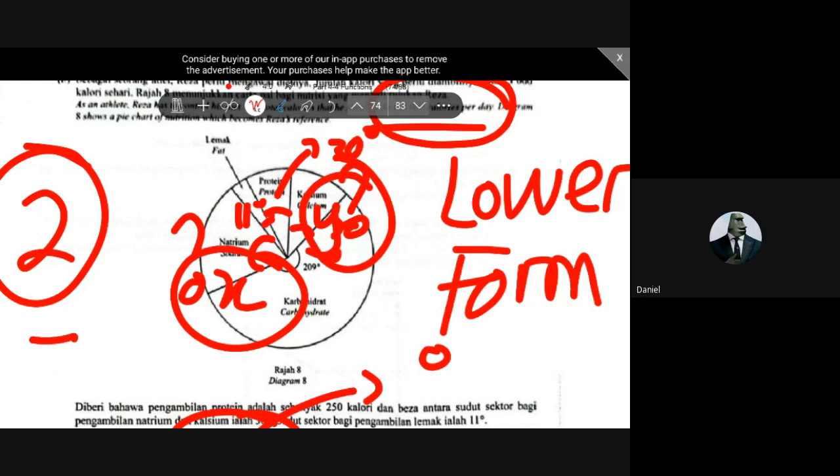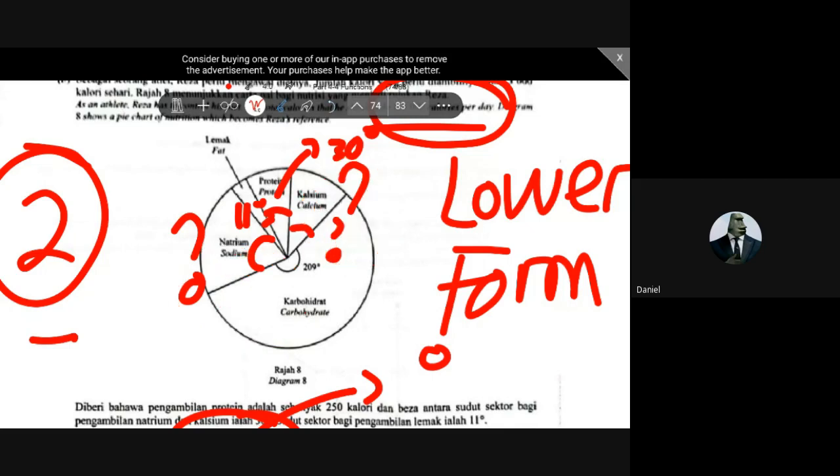So boleh faham sampai situ? Can understand? Okay, good.